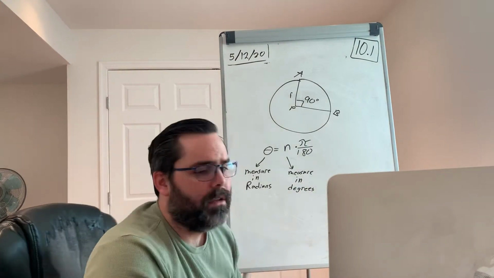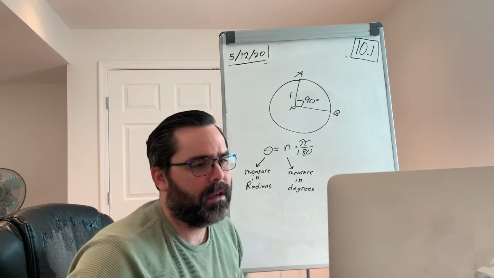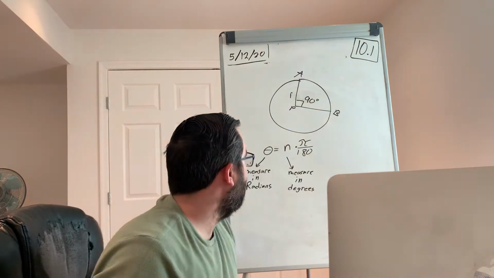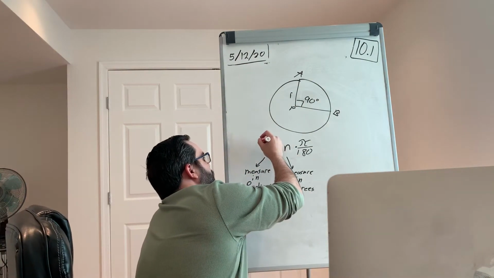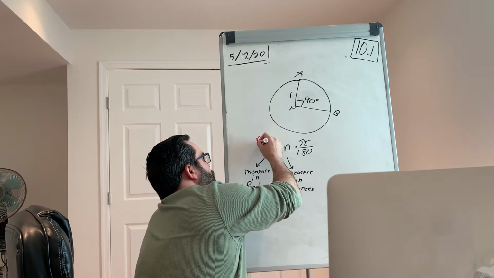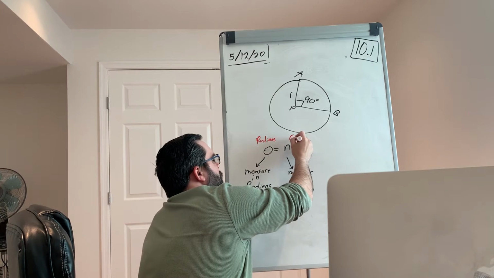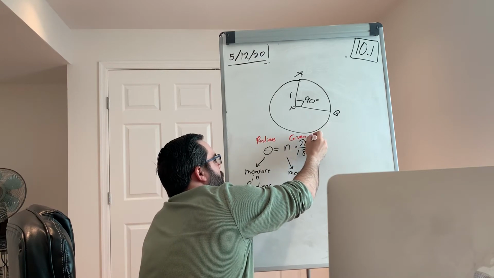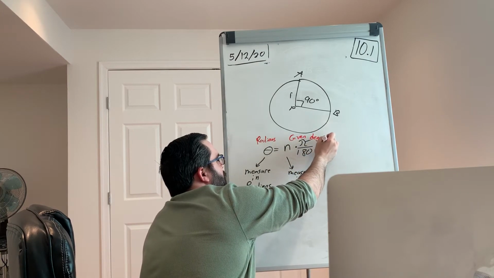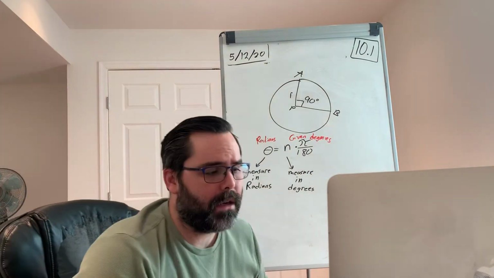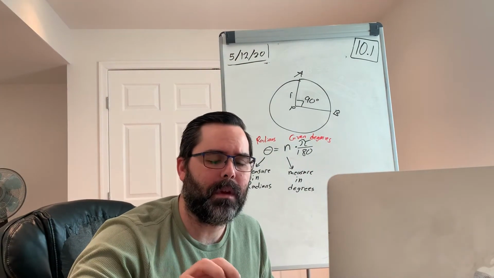So this particular formula can be used to find radians given degrees. So if I tell you 90 degrees is the angle, you can tell me how many radians it is.